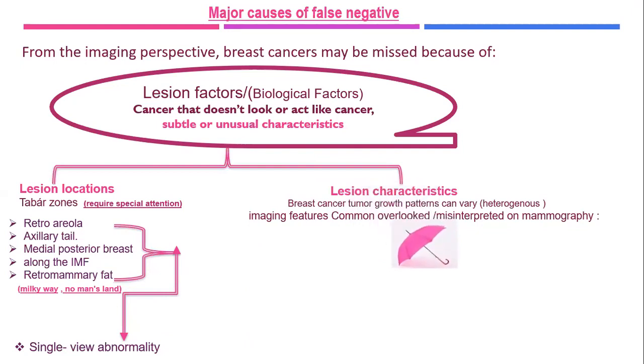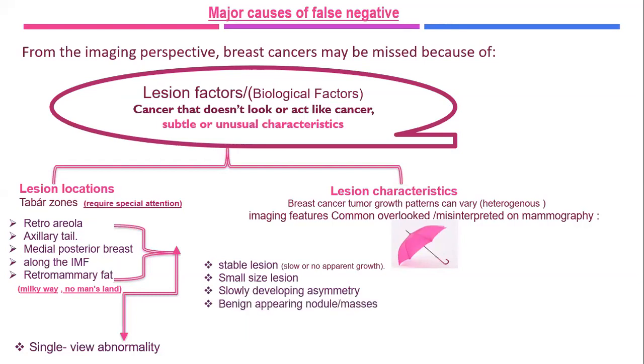And under the umbrella of these, there are many scenarios, including stable lesions. The lesion might be slow or not apparently growing. The lesion can be very small, that cannot be appreciated, a slowly developing asymmetry, benign appearing nodular masses, or the lesion can be seen in a single view.